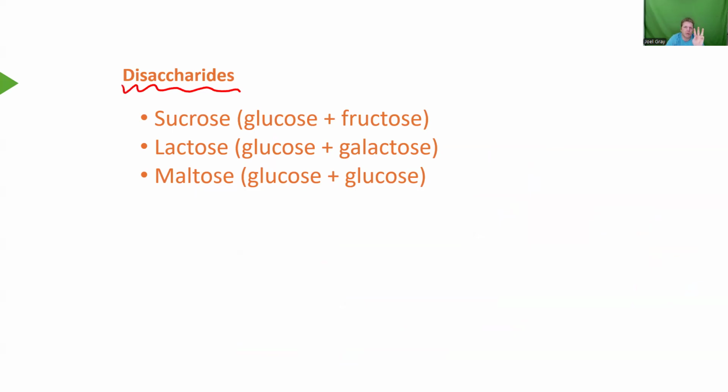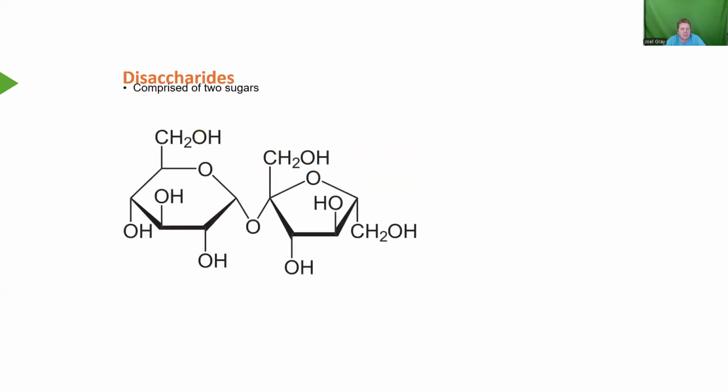Now, there are three major disaccharides that I want you to know: sucrose, lactose, and maltose. And the reason is that these are very abundant. Sucrose is a sweetener in lots of candy and other foods that you may eat. Now, disaccharides are sugars that are made up of two rings.